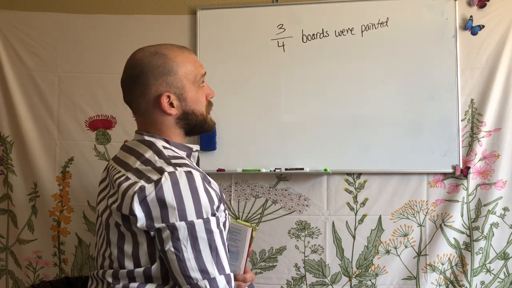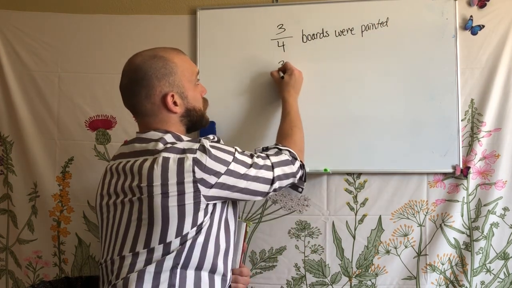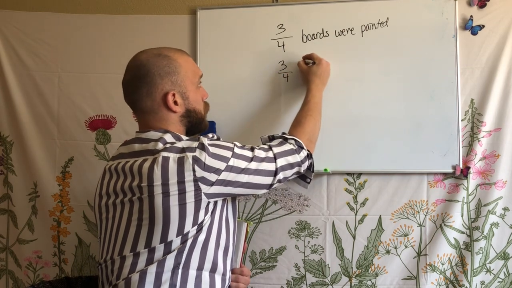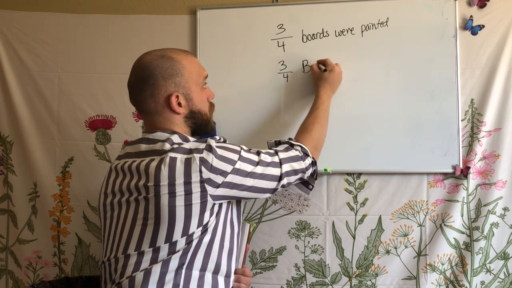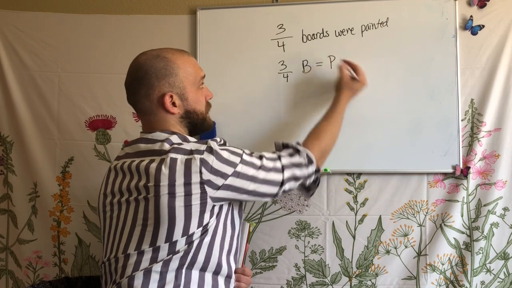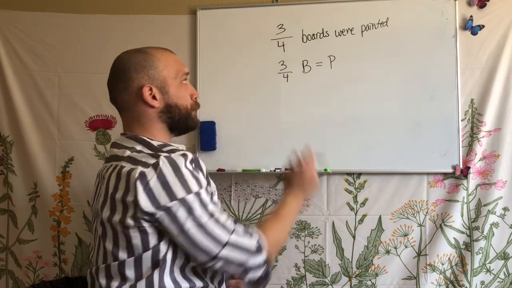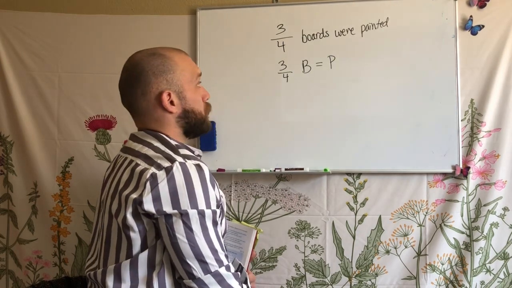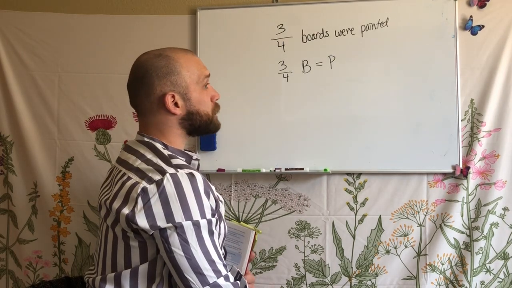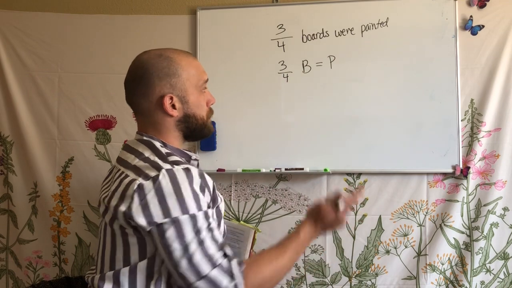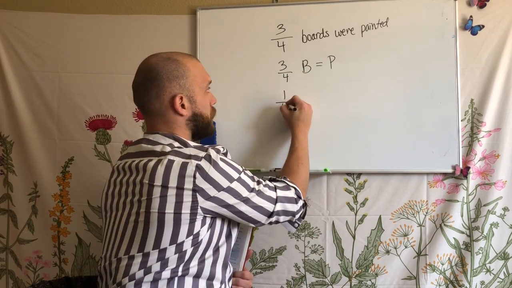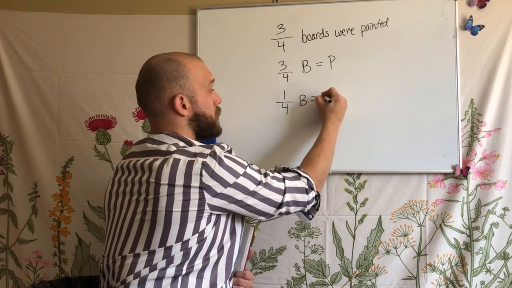So, using just the letters, 3/4 of the boards were painted. So how many would not be painted? Well, I know that there would be 4 out of 4 in all. I've used up 3 that got painted, so what's left over? What's 4 minus 3? 1. 1/4 of the boards were not painted.